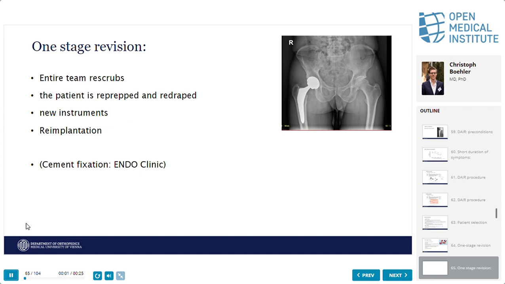Then the entire team rescrubs, also the nurse. The patient is re-prepped and re-draped, new instruments, and then you do the reimplantation. The ENDO-Klinik in Europe, maybe worldwide, the center with the most experience in one-stage revision, always goes for cemented fixation. We don't do this, but you should have heard it.